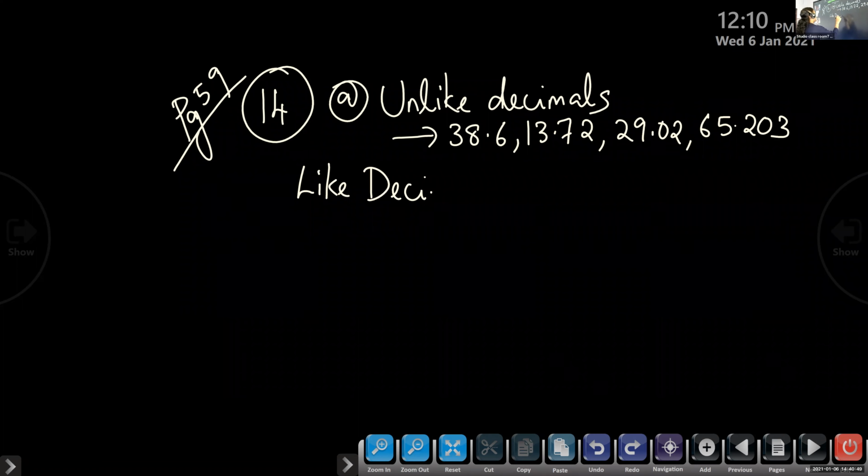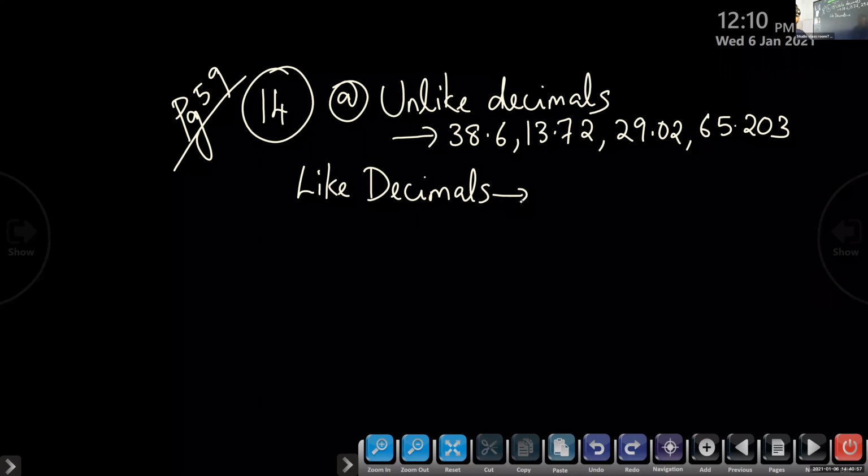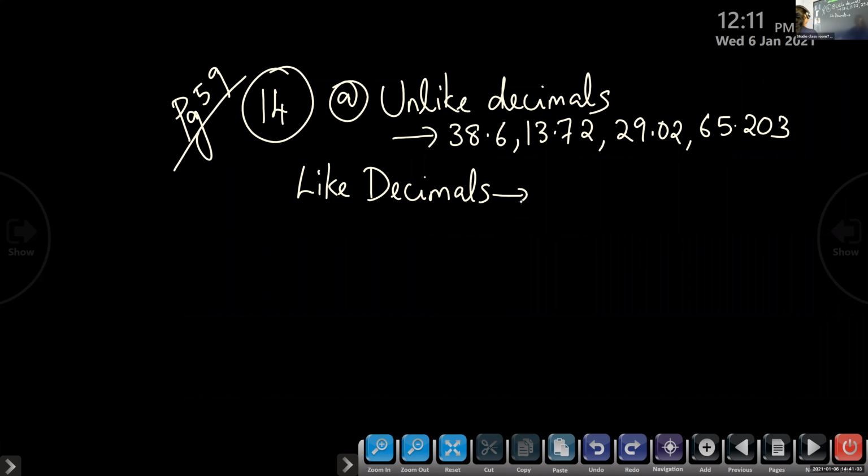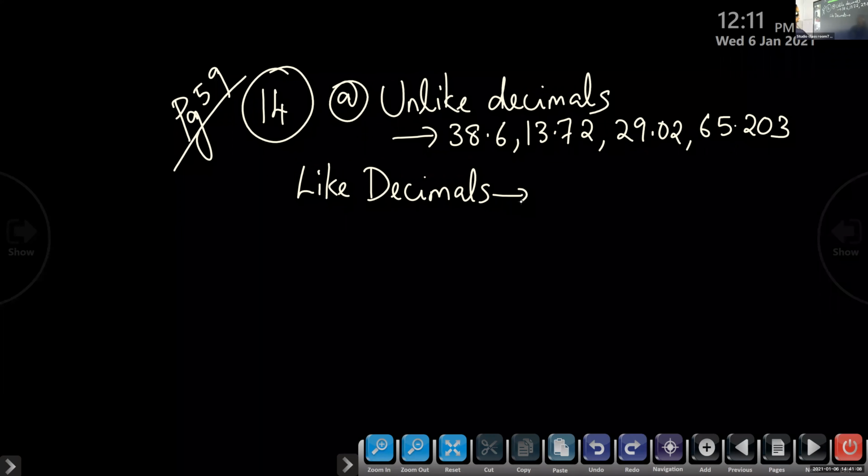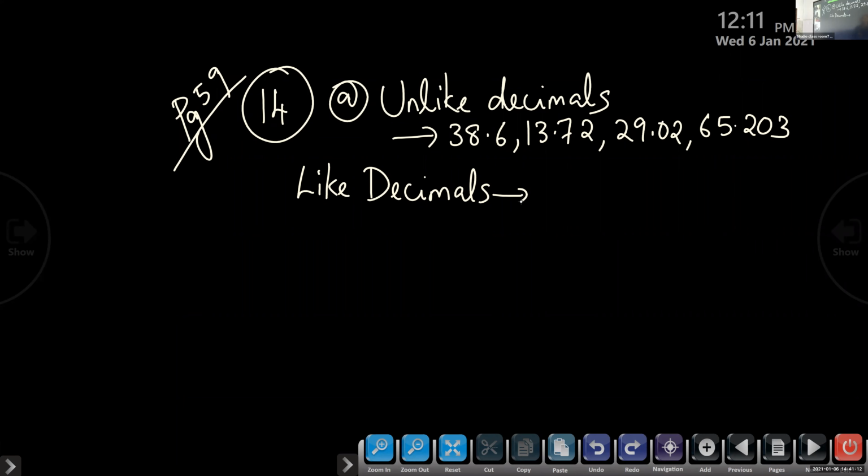So we will write like decimals. Okay, children, try to do alone. Identify the number with maximum decimal places. Add as many zeros to the right side of the last digit after the decimal point. So like this, you have to write question number 14A, unlike decimals. Write the question, then write as the next step, like decimals.